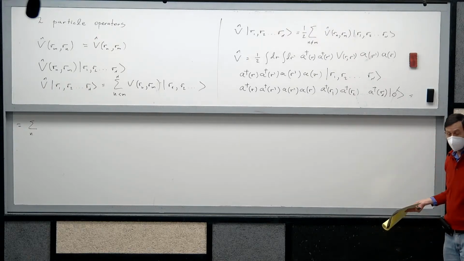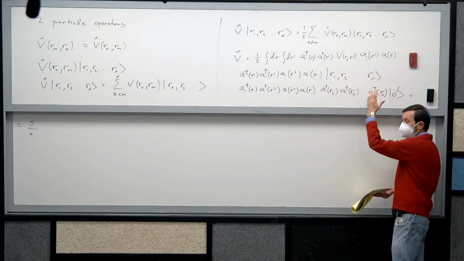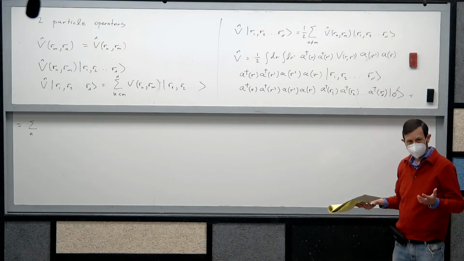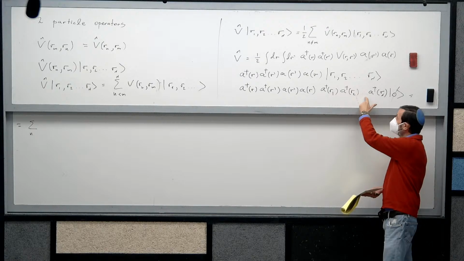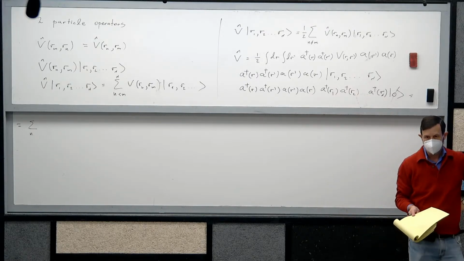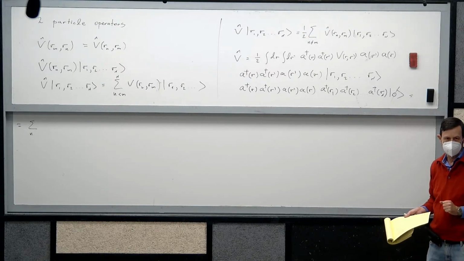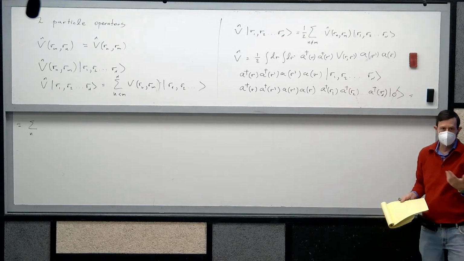Okay, how do I write down a state where I have a particle at R1, R2, and so forth? I create a particle at R1, I create a particle at R2, and so on and so forth until R capital N. The only thing I said, the order is not important as long as you keep the same order during your calculation. You want to write this in this way, you can't in the middle change the positions.